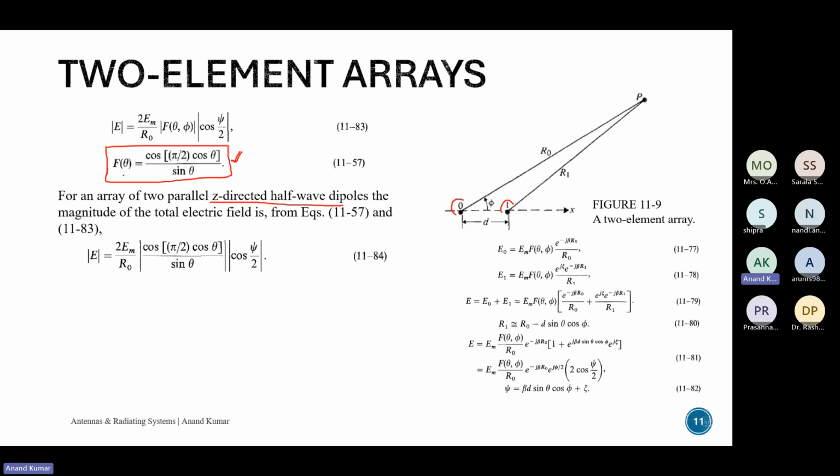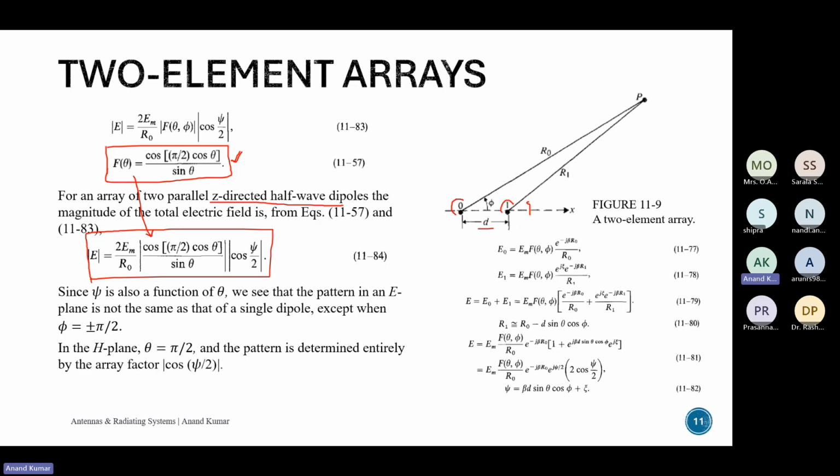Now we can substitute this over here, and this is the electric field expression for a two half-wave dipole configuration, which is separated by d, and the excitation has a phase delay of xi.